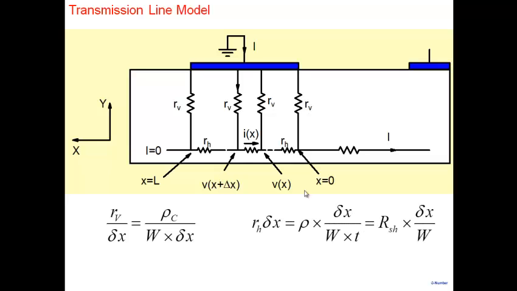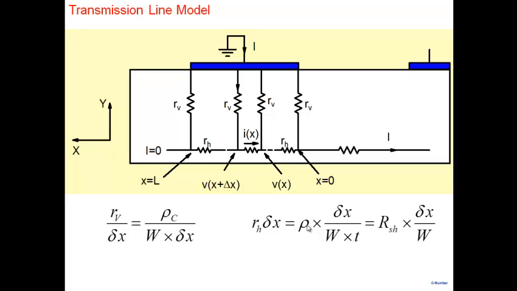Similarly, RH, the lateral resistance, the resistance of the N-type, as you know, will be equal to rho, resistivity, times L divided by area. So for a small increment delta x, with width W, and T the thickness of this N-type layer, the overall thickness of the N-type layer here.